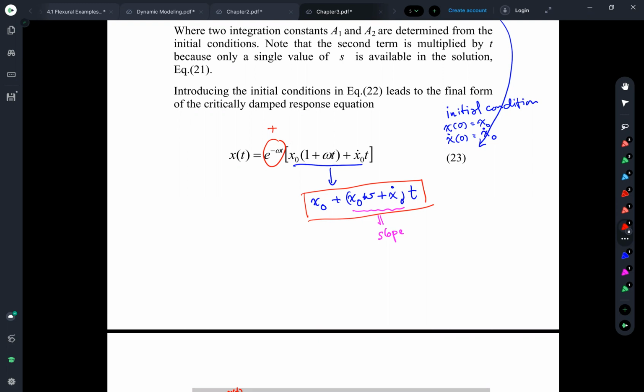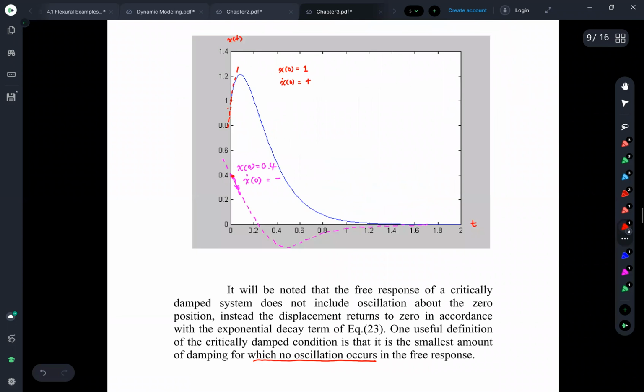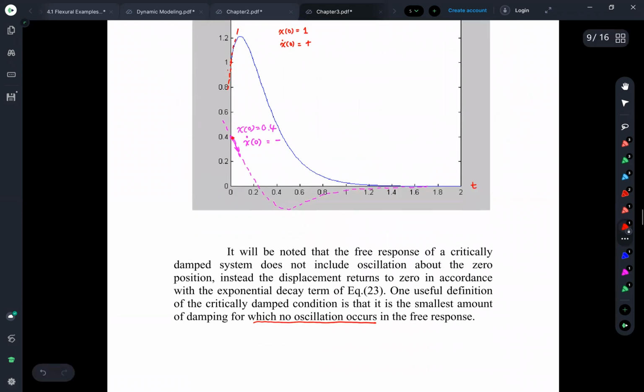Play around with this mathematics, it's not so difficult. But please remember, even though it says here no oscillations occur, it doesn't mean you cannot change from positive to negative displacement. You can change from positive to negative, but just one time, then go to 0. You see it at the pink dotted line.